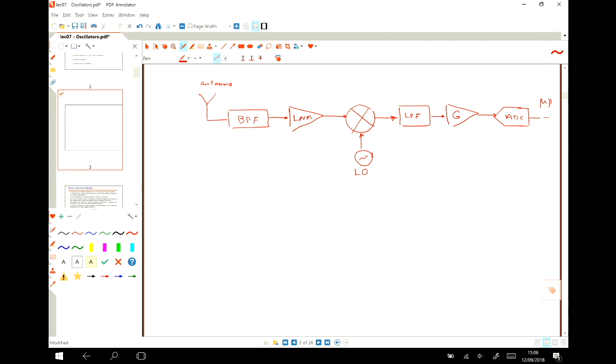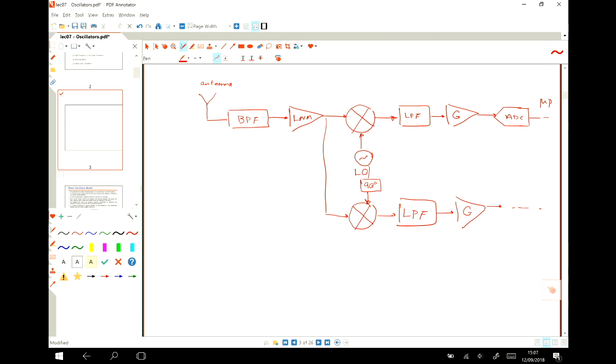Then we use an oscillator and two mixers, and the output of this oscillator is passed through a 90-degree phase shift and then used as the LO, and the rest is the same as the other one. So we get two signals. In wireless communication, mainly we use this architecture.